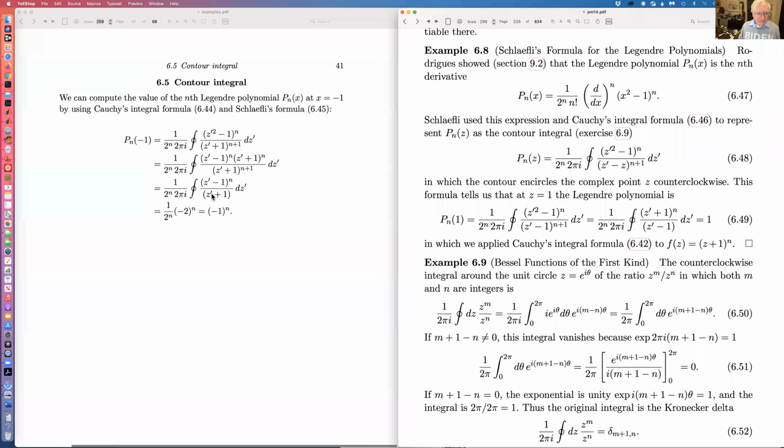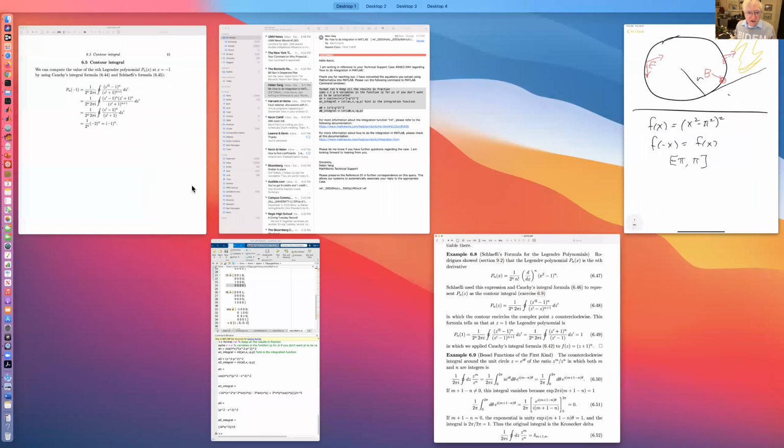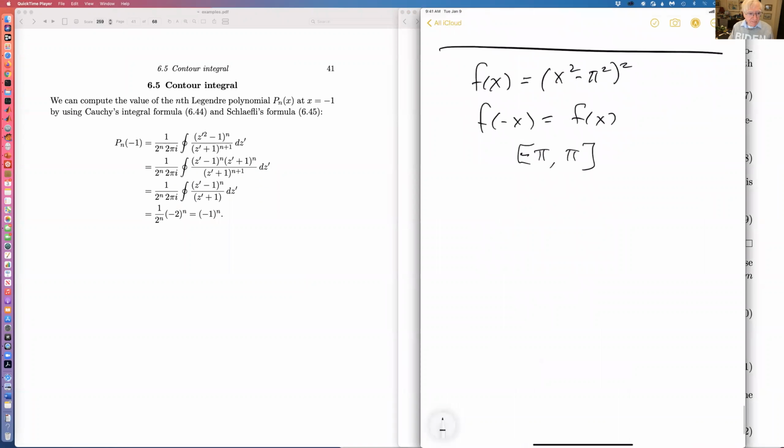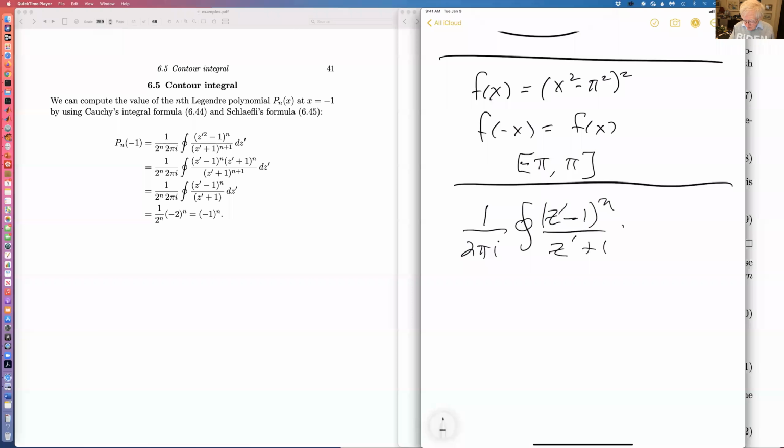And now we just apply Cauchy's integral formula. What we're talking about here is this integral, 1 over 2 pi i of the integral of z prime minus 1 to the n over z prime plus 1 dz prime.